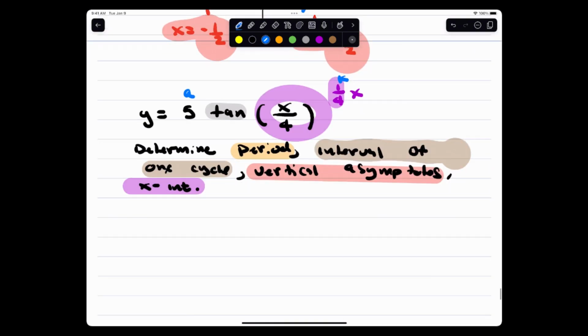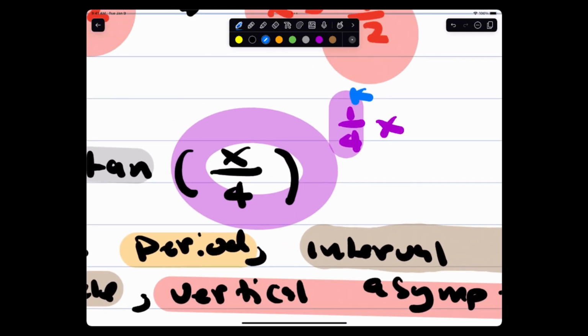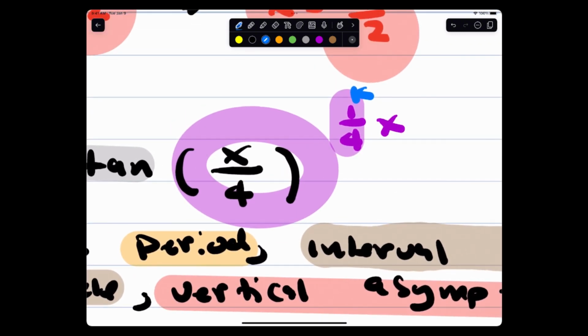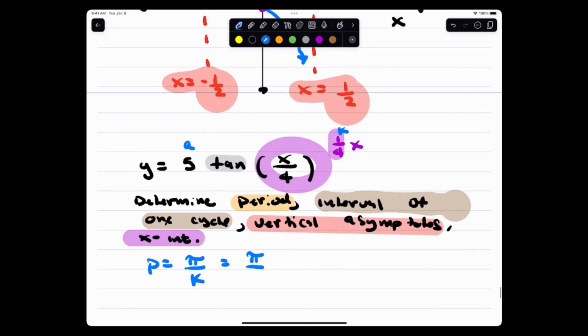So you need to know that because your period for tangent is pi over k. So now, you replace k with what number? Not 4, but 1/4. That's an extremely important detail. Okay?